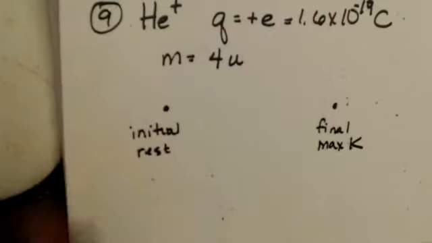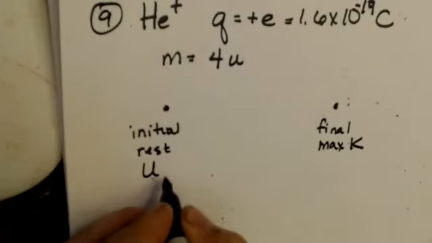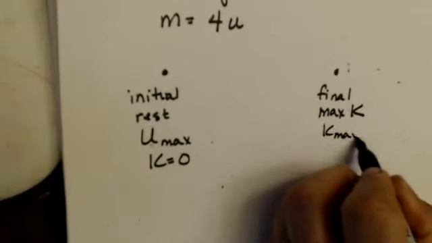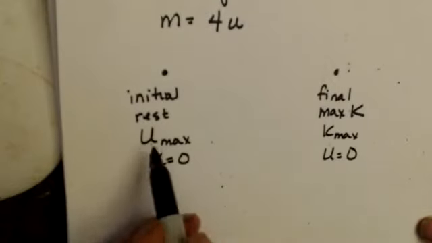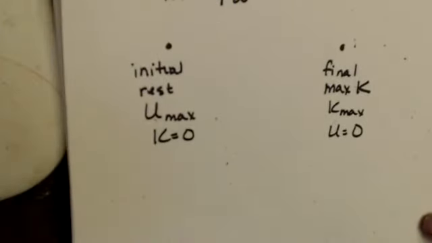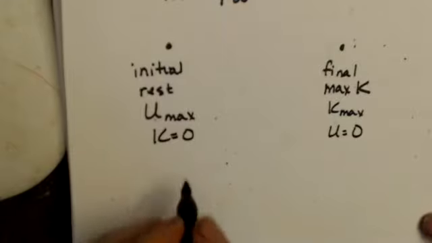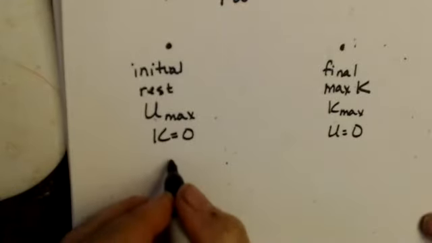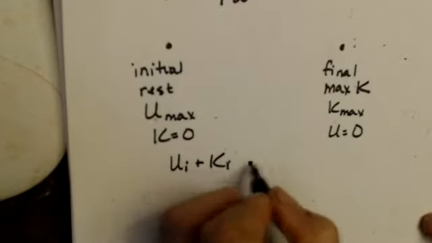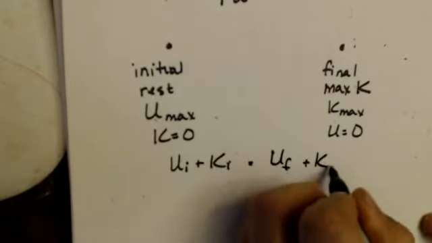At the initial point, U is a max and K is 0. And over here, K is a max and U is 0. So I'm converting all my electric potential energy here into kinetic energy here. The way this works is U initial plus K initial equals U final plus K final.